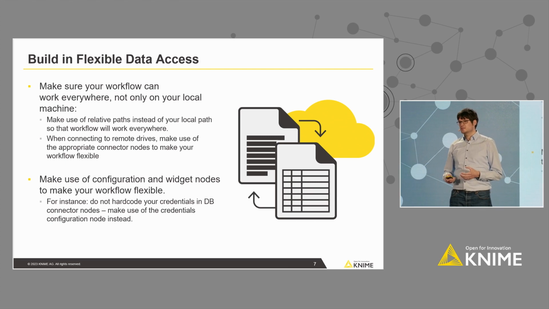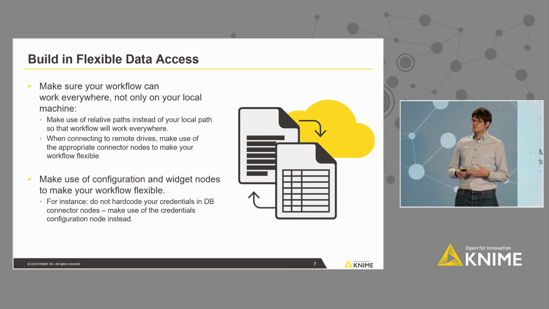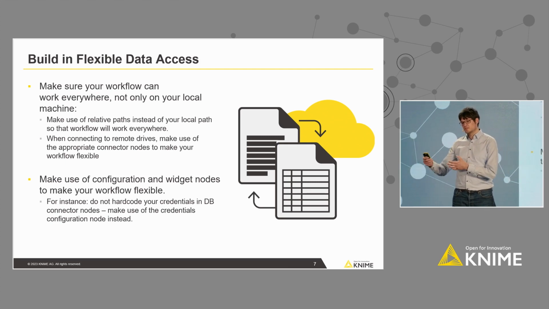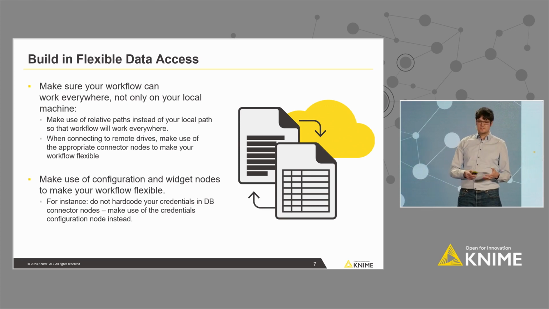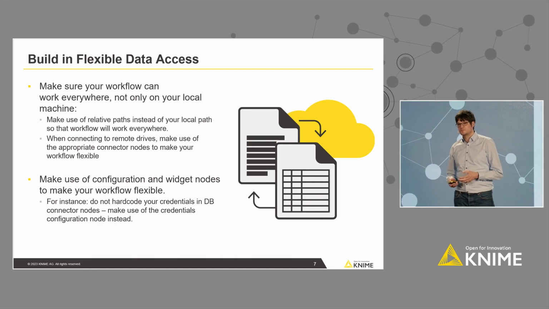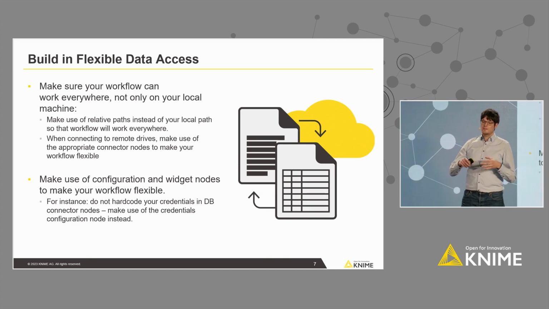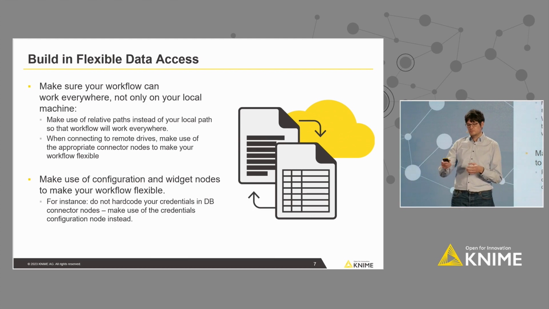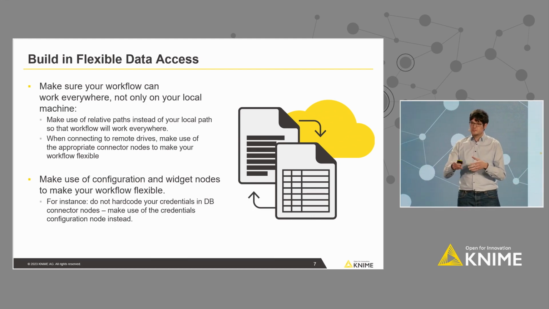Use these relative paths to make sure that your workflow can still access the data file if it's moved somewhere else. There's one special relative path, which is the workflow data area. This is a data folder within the workflow itself, and if you store data there, then you can move the workflow somewhere else, and the data moves with the workflow also.